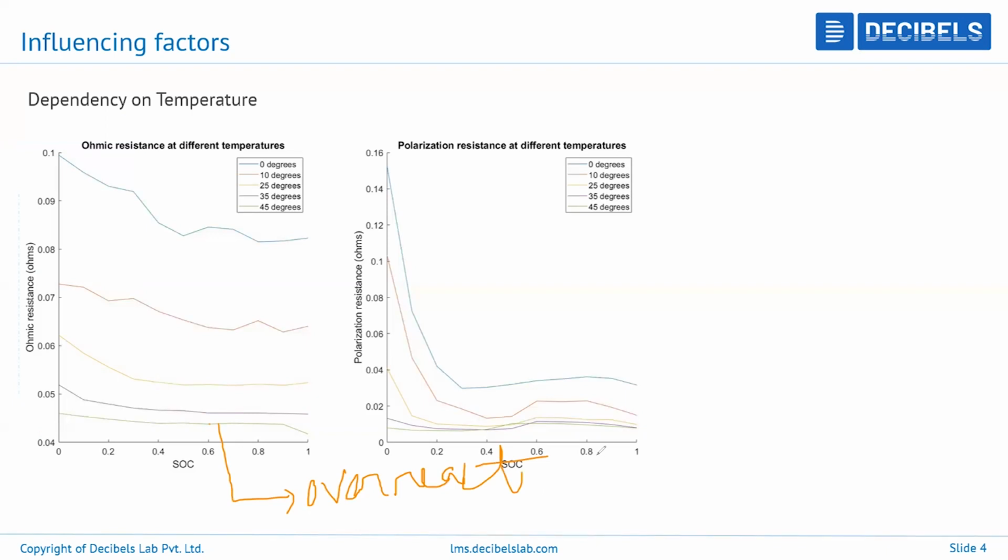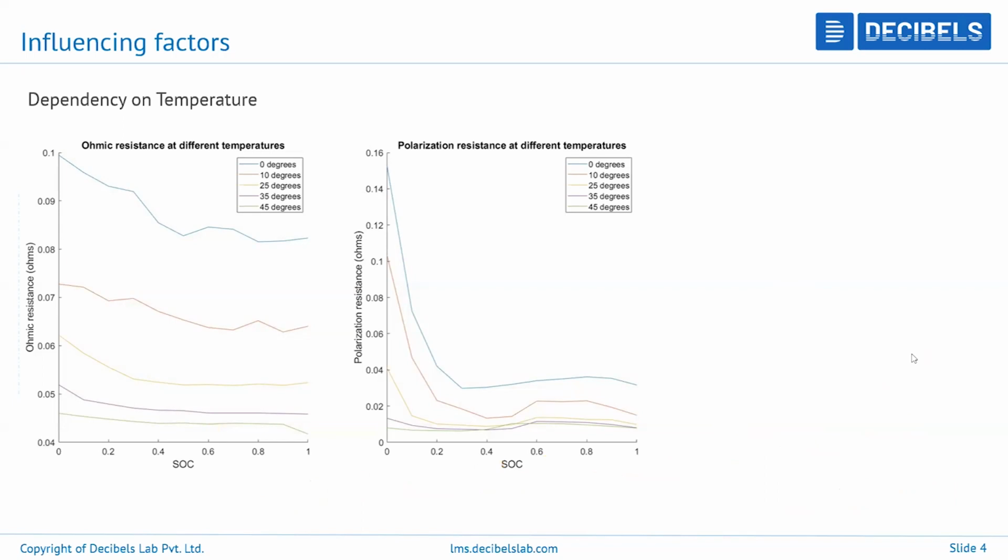Because of this overreaction, it can further heat up the cell, and that will eventually take it to something called thermal runaway. Thermal runaway is a very dangerous phenomenon. Basically, it is when the cell gets overheated to such an extent that it is not able to expel the heat, and it will cause the cell to blast.